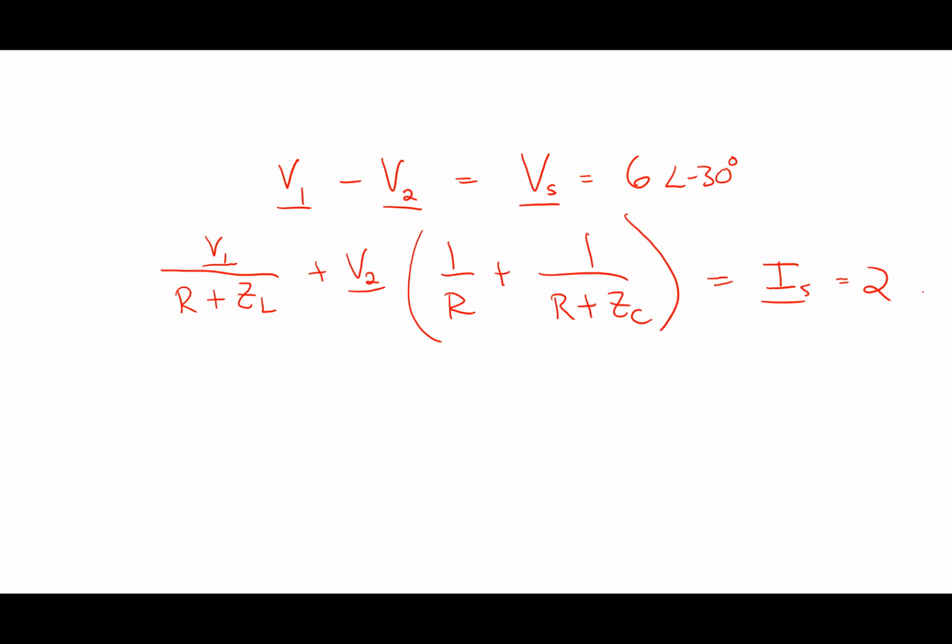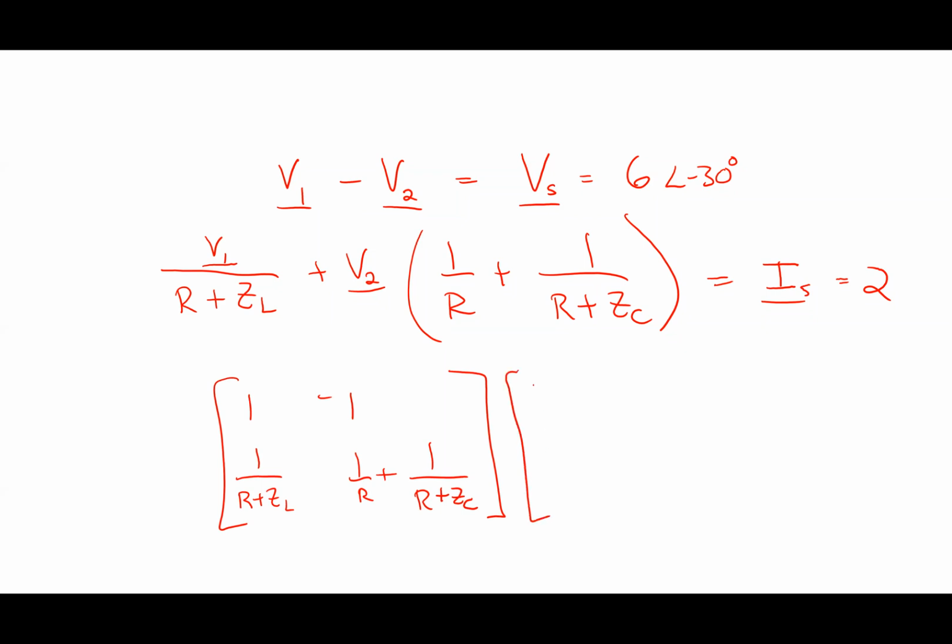So I create a matrix that is 1, 1 for the top equation. And on the bottom, 1 over R plus ZL and 1 over R plus 1 over R plus ZC. Shouldn't it be a -1 up top? Oh yeah, it should be a -1. Yeah, thank you.